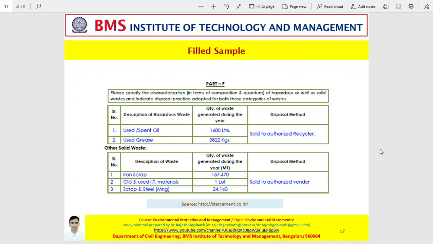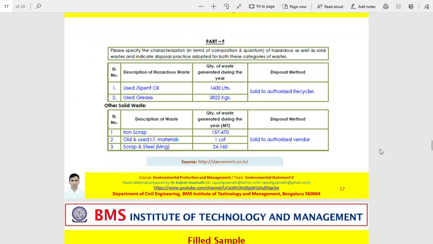However, in this table it's very clear that the solid waste generated from the other sectors has been documented, has been accounted for. This is one advantage of this particular statement, Form 5, which ensures that every single material which has consequences on the environment is accounted for, and no industry can omit it. Let's move on to slide 18.